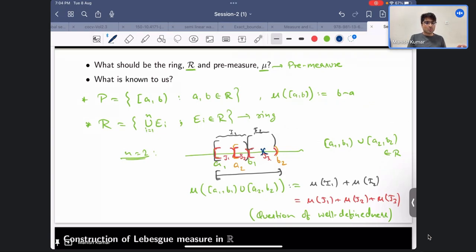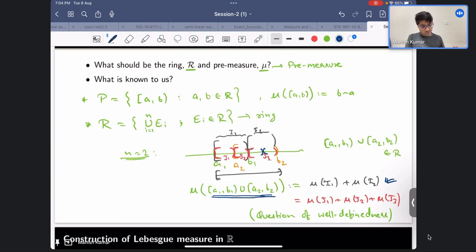So the question is that if we want to use this definition, it should be well defined: in whatever way we partition this set, the sum of those measures, I mean the sum of those lengths, should be equal, right?